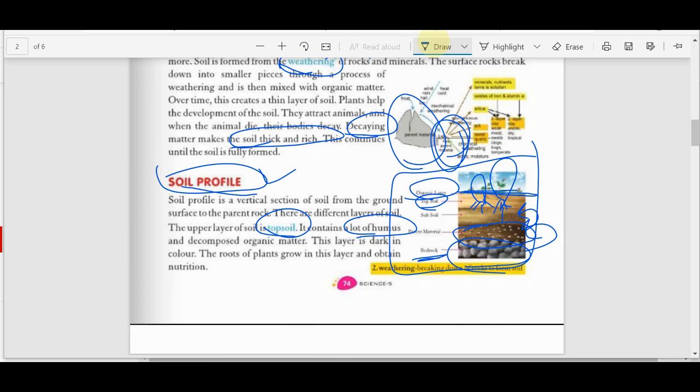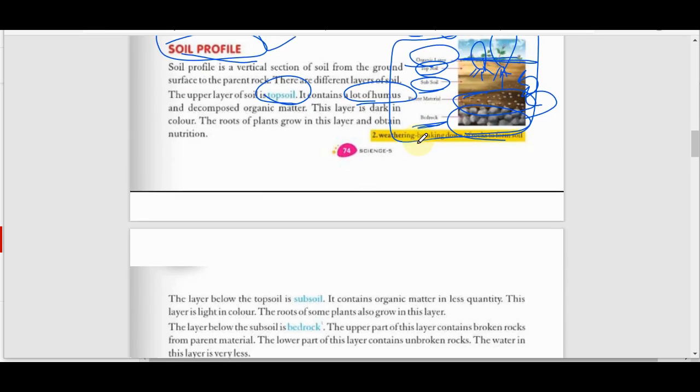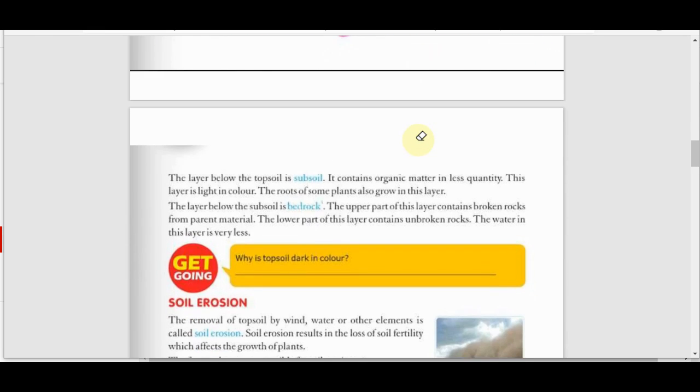But inside this topsoil you will see the subsoil. The subsoils are dense, or like dark in color. Okay, why? Because the subsoil contains organic matter in less quantity, and it is light in color. Roots of some plants also grow in these layers.